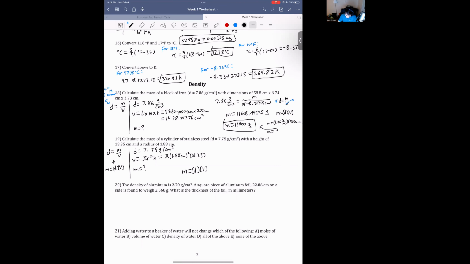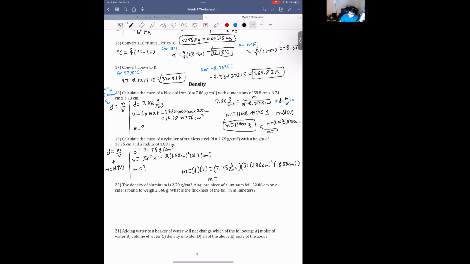Okay, so we go ahead and plug this in. 7.75, this is grams per centimeter cubed. Again, times volume, which is pi times 1.88 squared, centimeters squared. And then times 18.35. And I forgot to put centimeters here. All right, so that ends up giving us centimeters cubed in total.